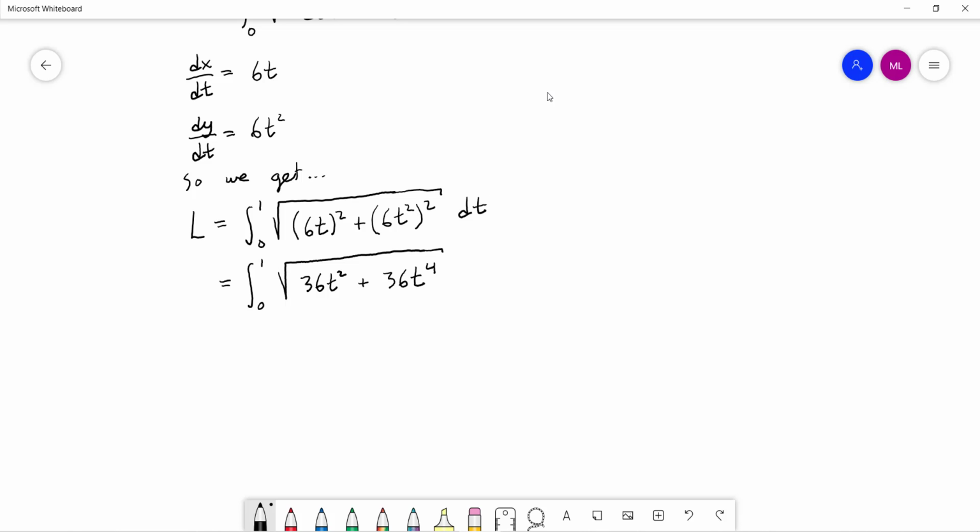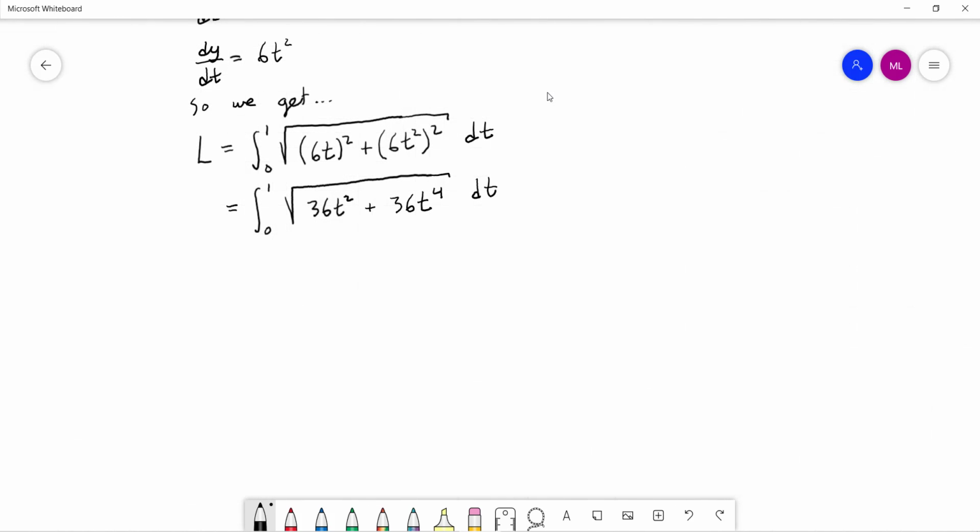We'll see that in a minute. So however you want to factor this out, basically I want to recognize I've got a 36t squared in both of these. So I can think of this as the integral from 0 to 1 of the square root of 36t squared times 1 plus t squared dt.